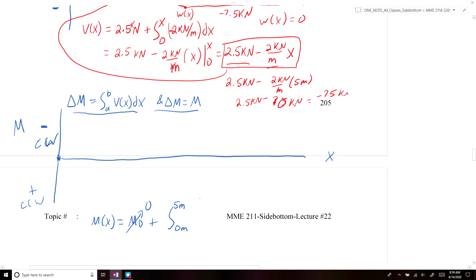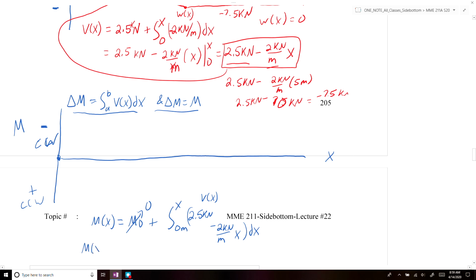V of x we already know above as 2.5 kilonewtons minus 2 kilonewtons per meter times x. I said 0 to 5 meters, but I really should have said 0 to x.